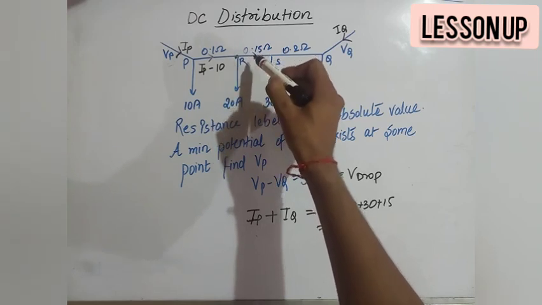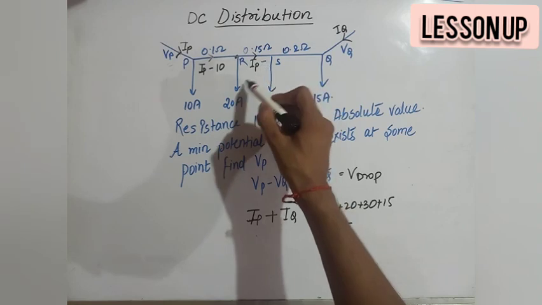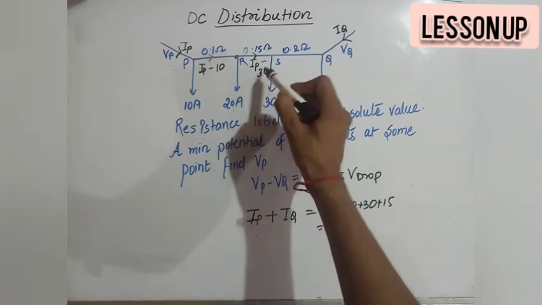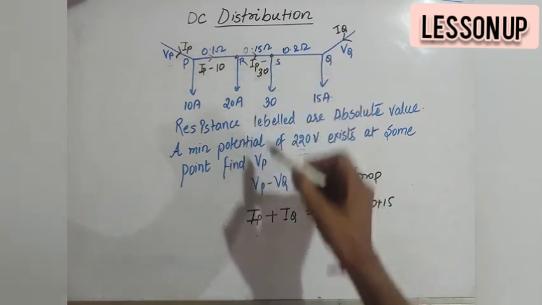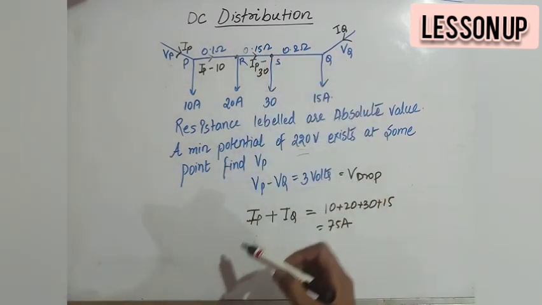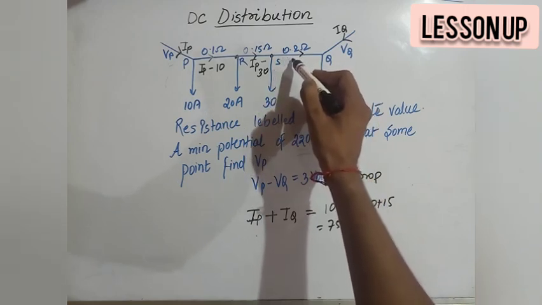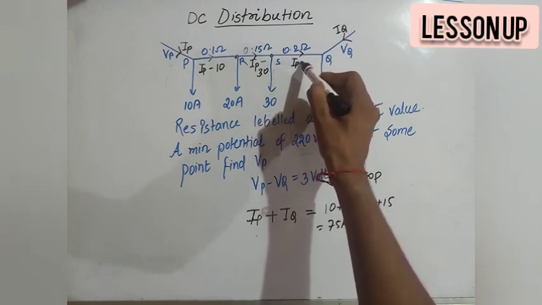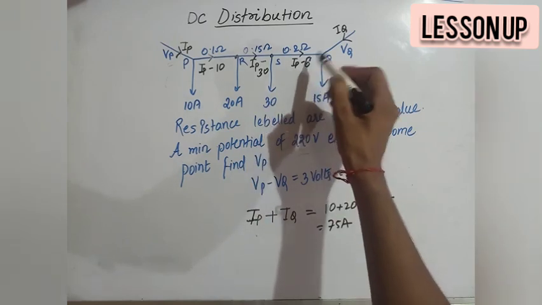So the current will be IP minus 10 minus 20, that is IP minus 30. IP minus 30 is the incoming current at point S and 30 ampere is taken out. So the current between S and Q will be IP minus 30 minus 30, that is IP minus 60.